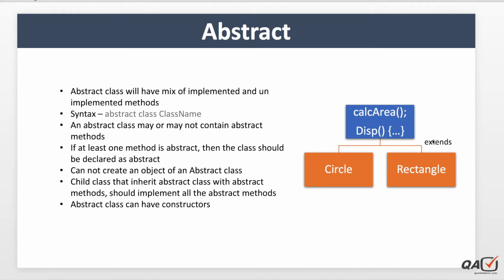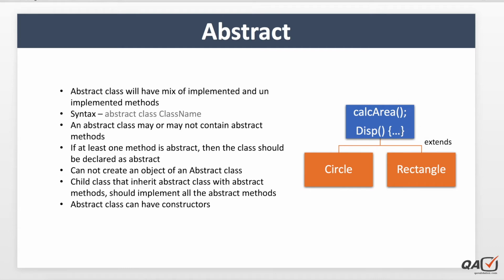Next, a child class that inherits the abstract class with abstract methods should implement them. If you're not understanding that particular line, let me explain by looking at the picture here on this side. If any one of the methods is unimplemented, and any one of the child classes is inheriting, meaning extending that abstract class, then it has to implement it.